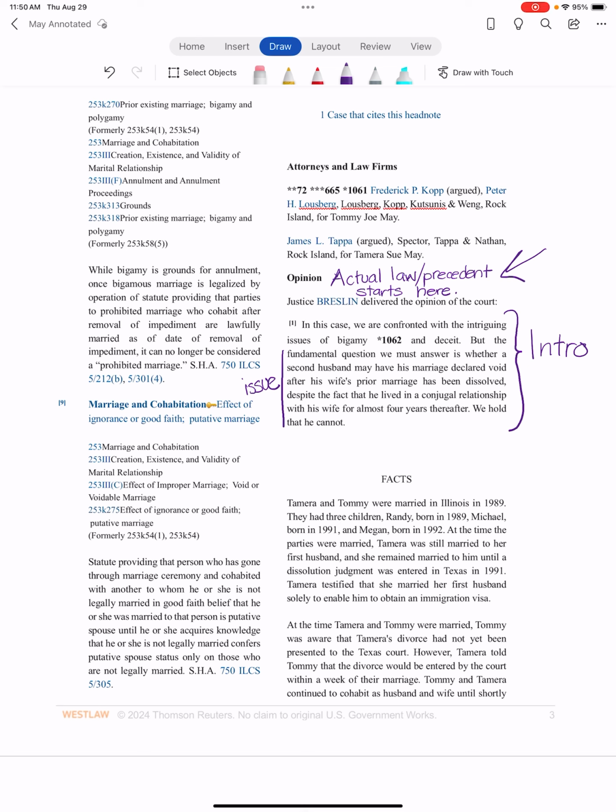I will not only make notes on my printout like I'm doing here, but I will also make notes maybe on a side piece of paper or on my computer as I'm trying to put my case brief together. So I will do a little less talking here, but I am going to start underlining and making more notes to show you how I go through my opinion.